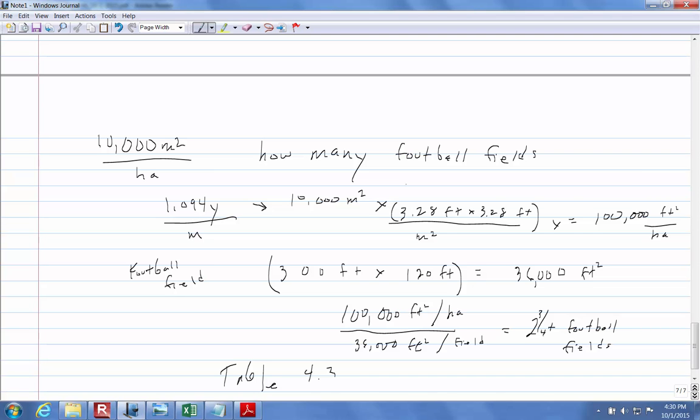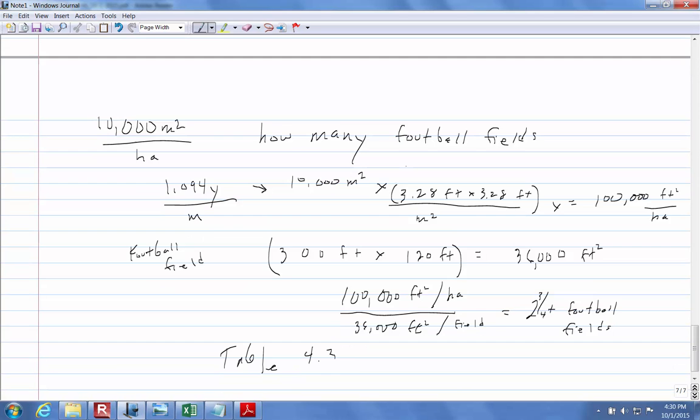Do you remember? How many metric tons was that? We didn't do it, did we? 80,000 pounds is about, well, we can look it up in our index. Let's do that.